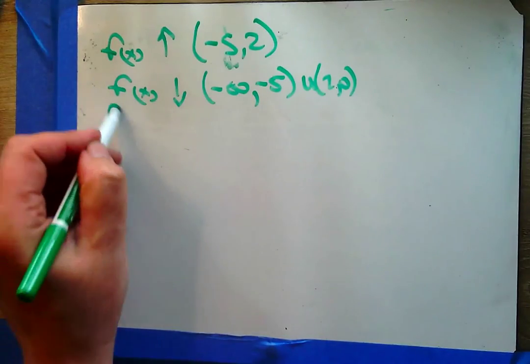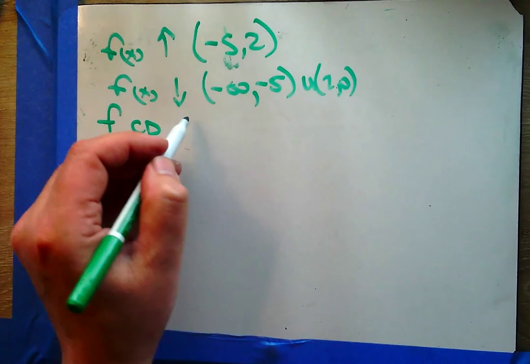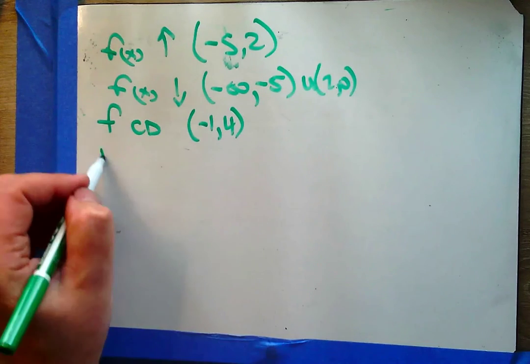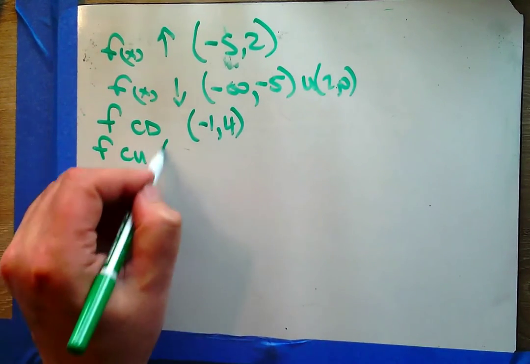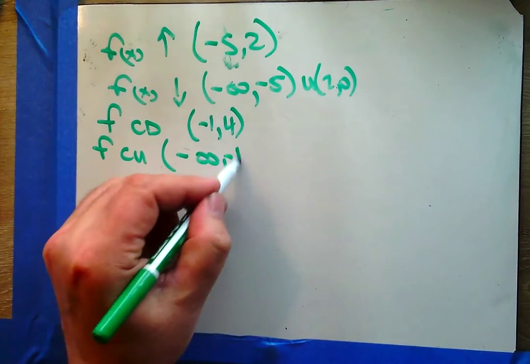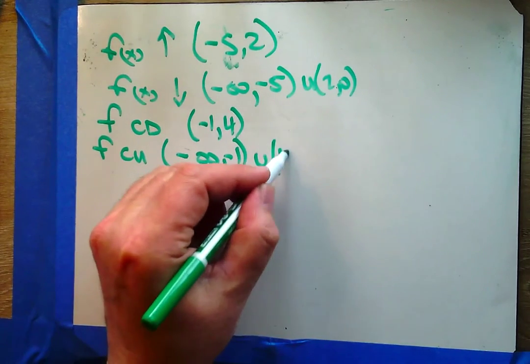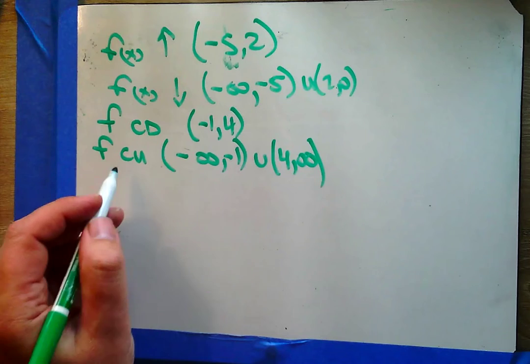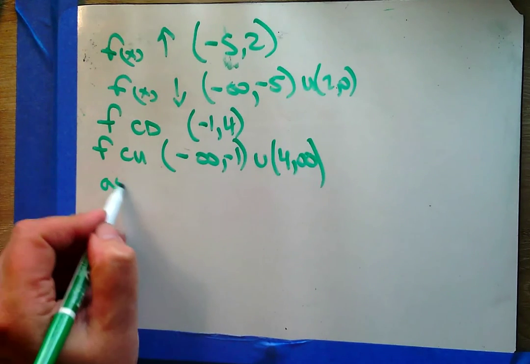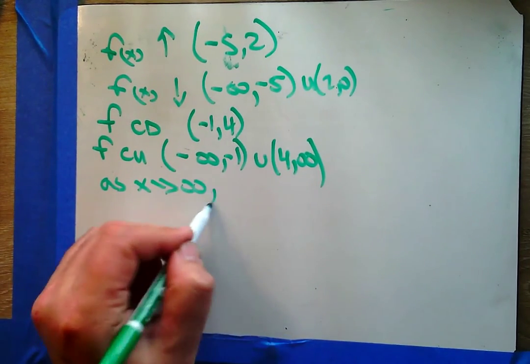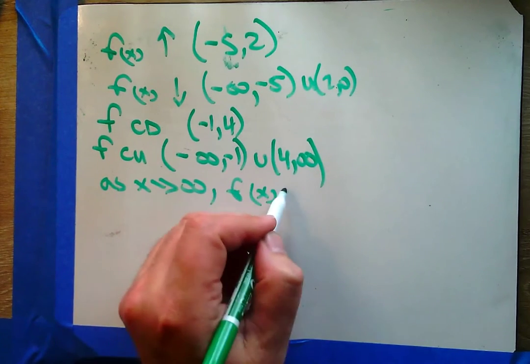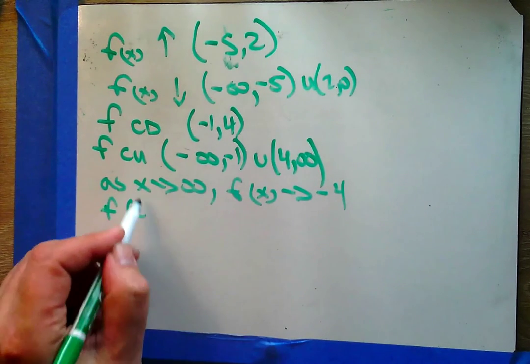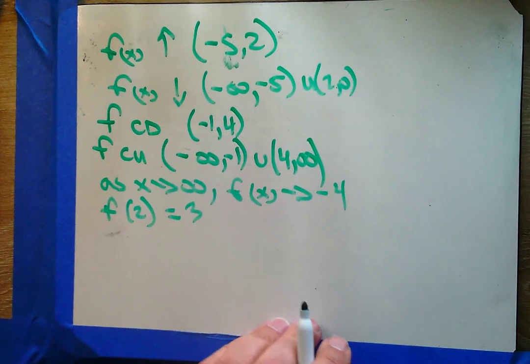We also know that f is concave down on negative 1 to 4, and f is concave up from negative infinity to negative 1, union 4 to infinity. I also know that as x heads to infinity, f of x heads to negative 4, and I know that f of 2 equals 3.